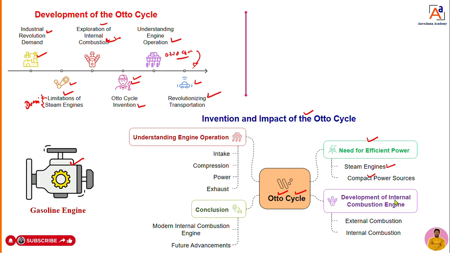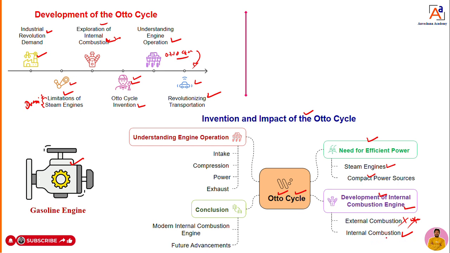So they developed a compact source, an internal combustion engine, instead of the external combustion engine, because it had a lot of drawbacks. So they moved towards the internal combustion engine.